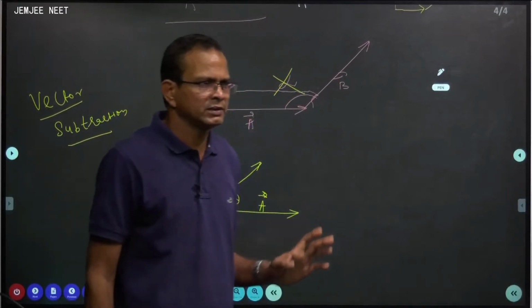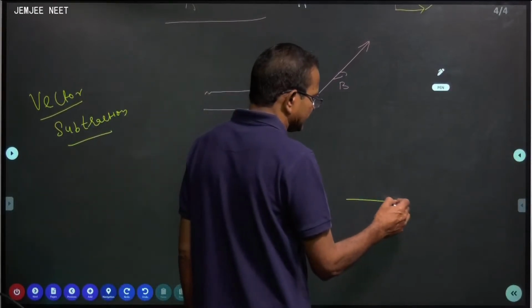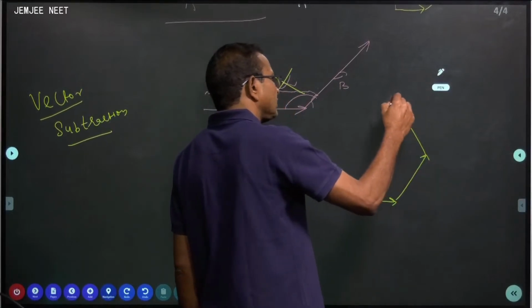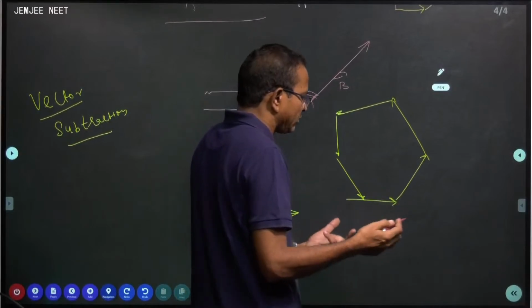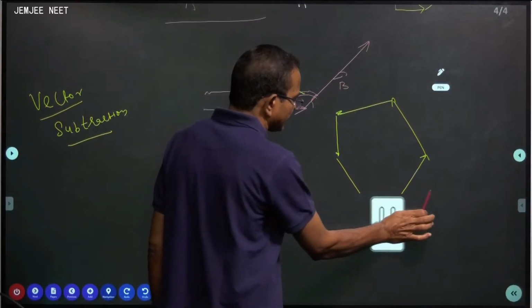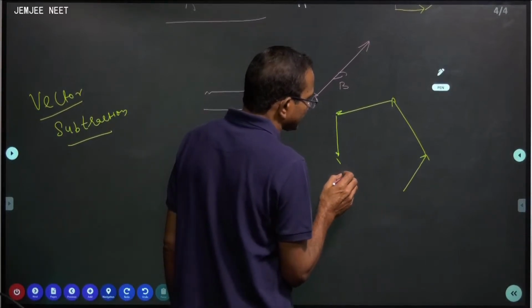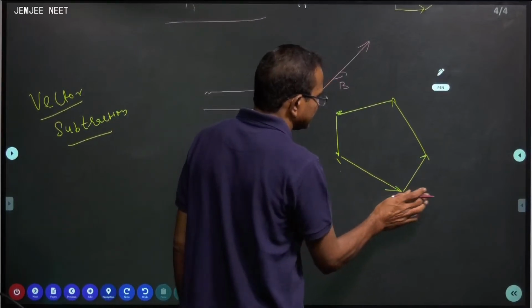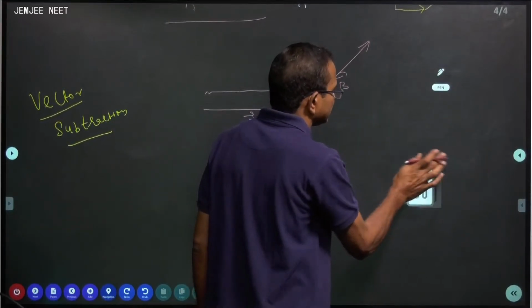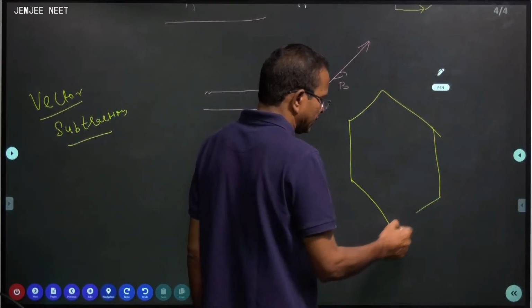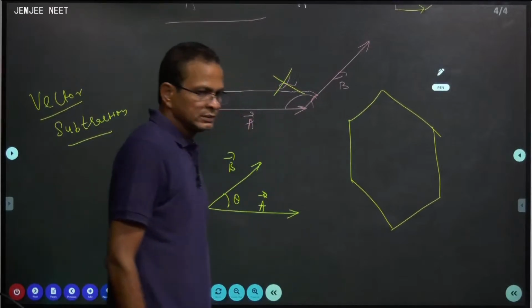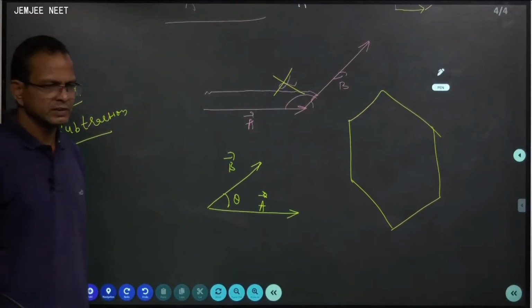First try to learn how to make the angle between two vectors. That's very important. Suppose there are vectors like this. Approximately I have drawn a pentagon. Okay, pentagon let us take. Now let us draw something like benzene. What shape is this? Hexagon.